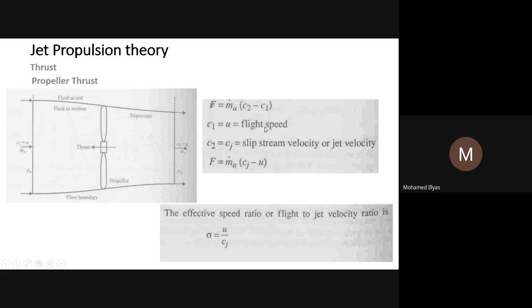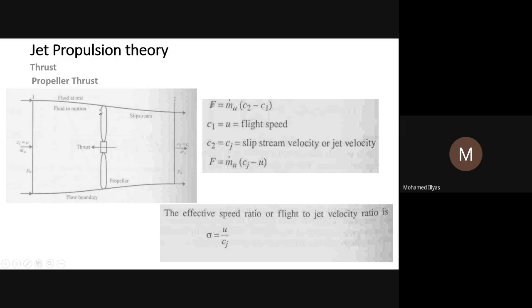The reason is we need a very high change in velocity, and correspondingly we get a momentum. If you closely look at this, this is the velocity of the fluid. This is the speed at which the jet or flight is moving, and the same speed air will be coming. That's why it is called the velocity of the jet or flight speed.